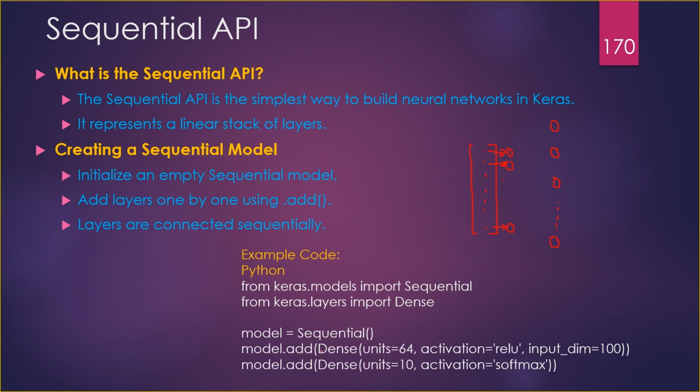So what this particular first line is saying is that the input dimension is 100 and each and every neuron in the first layer is connected with each and every neuron of the next layer, like this. So this units=64 means that the 100-dimensional vector will be connected with 64 neurons individually.